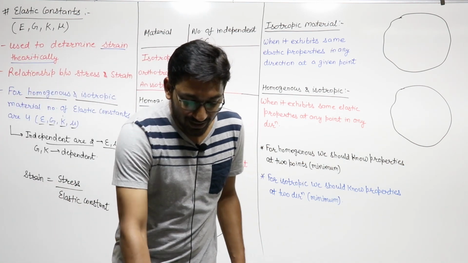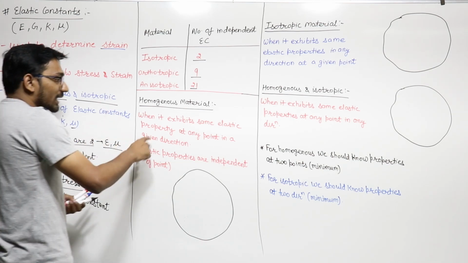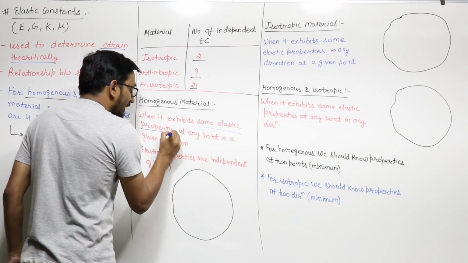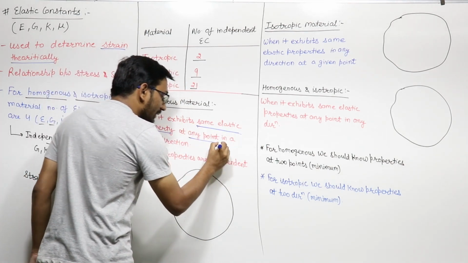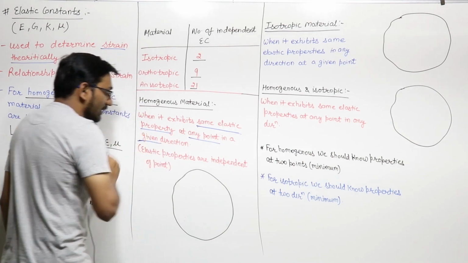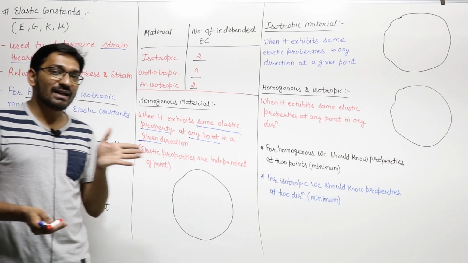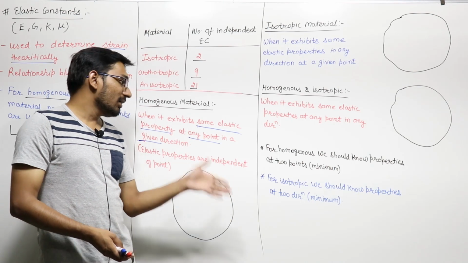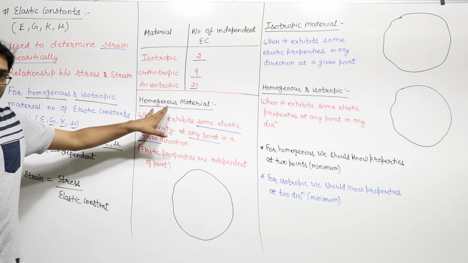Right? We can say that a material is said to be a homogeneous material when it exhibits same elastic property at any point in a given direction. Right? On any point in a given direction, the elastic properties are same, then we say that that material is your homogeneous material.